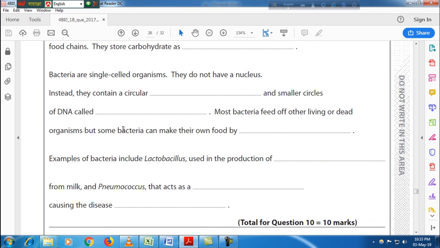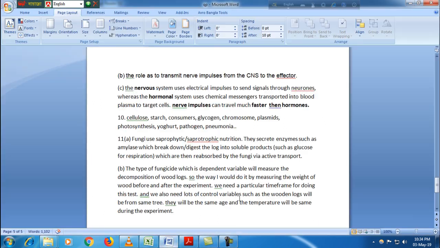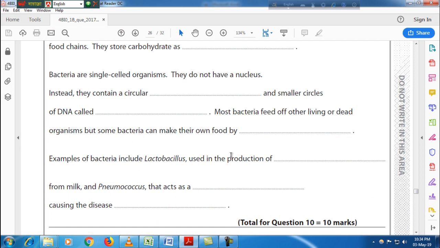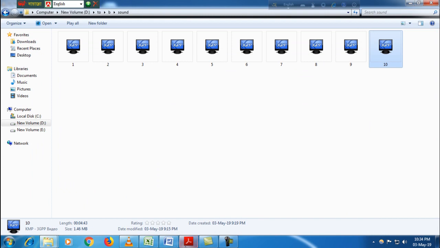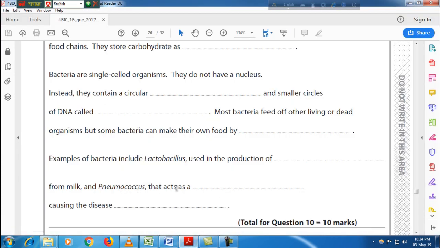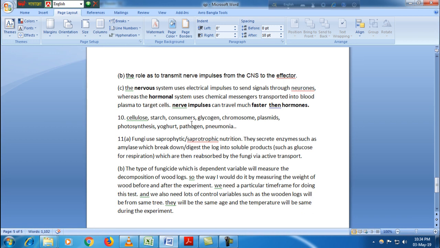Most bacteria feed off other living or dead organisms, but some bacteria can make their own food by photosynthesis. Examples of bacteria include Lactobacillus, used in the production of yogurt from milk, and Pneumococcus, which acts as a pathogen causing the disease pneumonia.